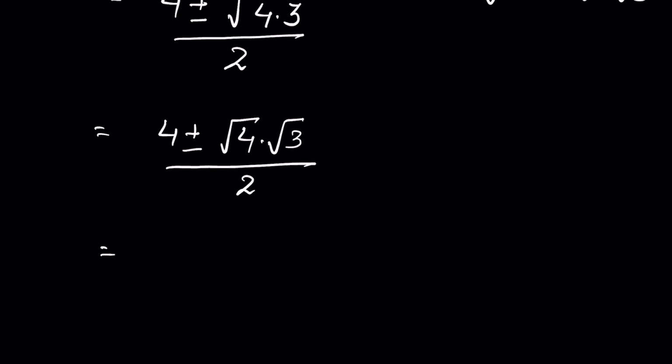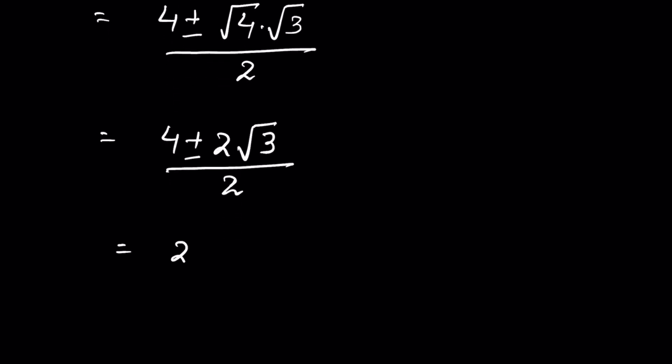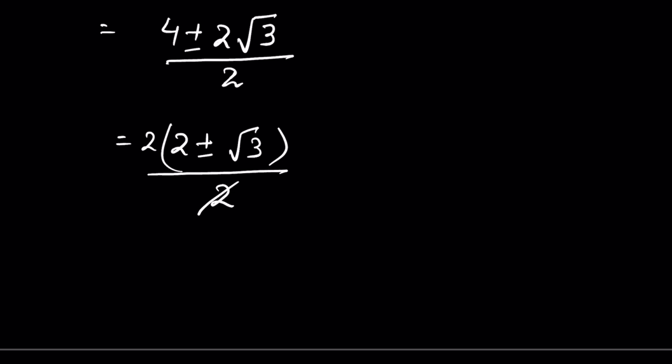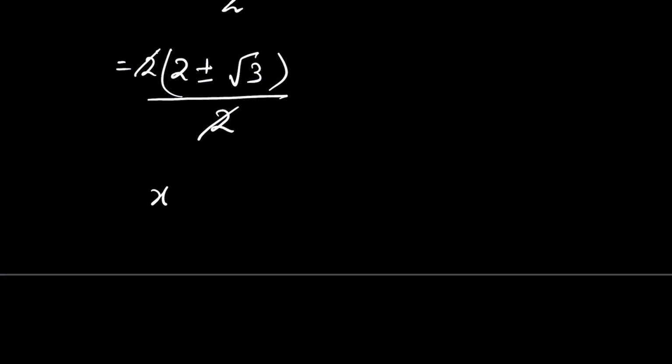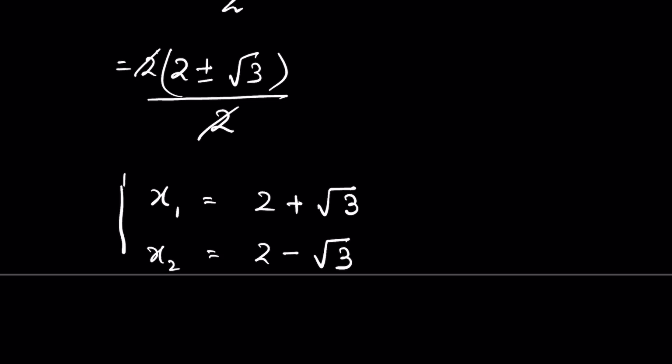Now square root of 4 is 2, so 4 plus minus 2 times square root of 3 upon 2. Now we can take 2 common here, so 2 plus minus square root of 3 upon 2. So cancel this 2 and this 2. So 2 values for x are 2 plus square root of 3, and the second value of x is 2 minus square root of 3. So these are the two values for x.